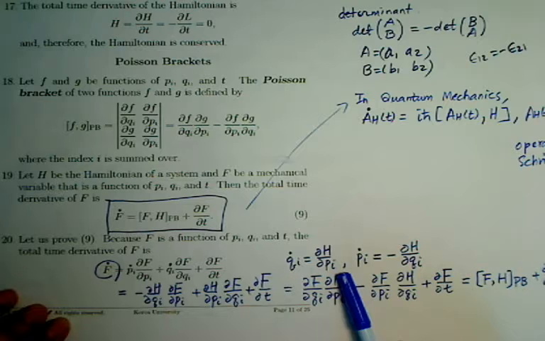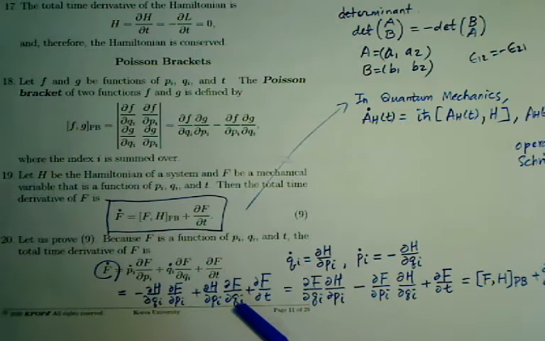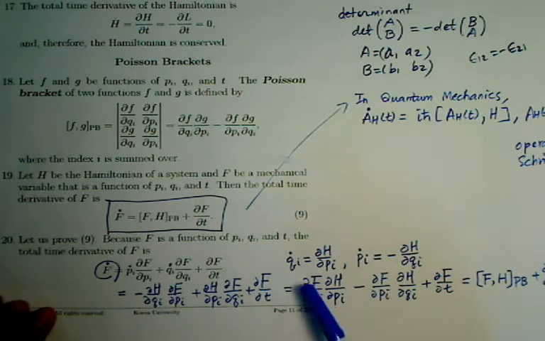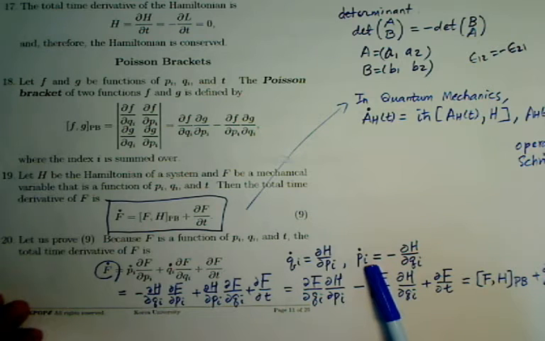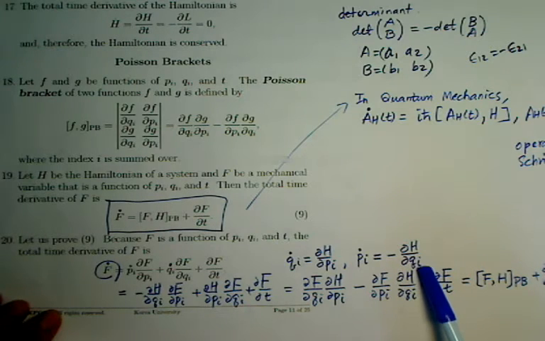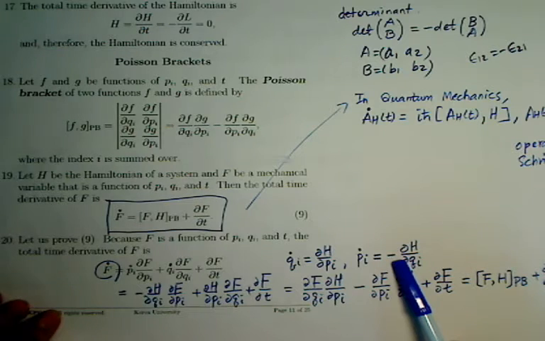Hamilton's equation of motion is given here: q dot, the coordinate time derivative, is the Hamiltonian's partial derivative with respect to the momentum, and the momentum's total time derivative is minus the Hamiltonian's coordinate derivative, with a negative sign on it.